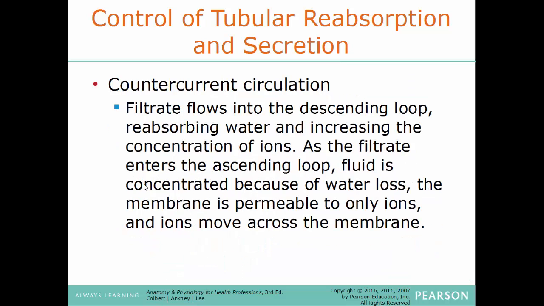So what you have here is the filtrate flowing into the descending loop, reabsorbing water and increasing the concentration of the ions. You get more and more concentrated as you get toward the bend of that loop. As the filtrate enters the ascending limb, the fluid is very concentrated due to the water loss. And the membrane is permeable to only ions, and ions are pumped out across the membrane through active transport.